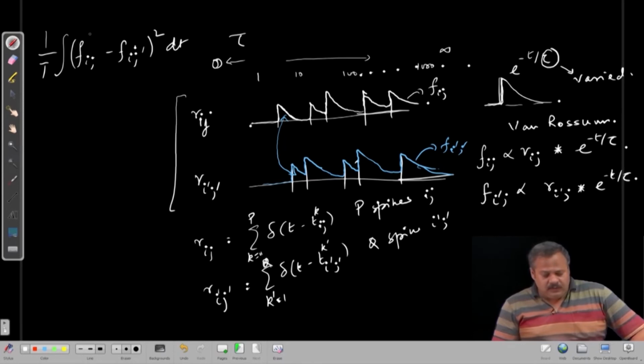And so using this d, and for a particular tau, we can quantify the mutual information.